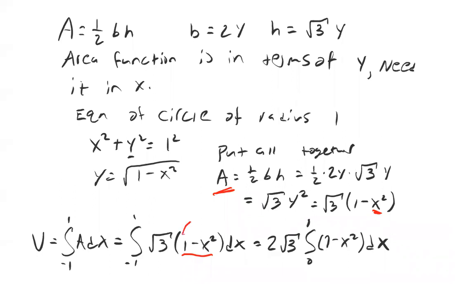Here is an x to the 0, here is an x squared. Because all my powers are even powers of x, I have an even function. So I can use that symmetry, and I just get that factor of 2 out front, and it makes the integral a little easier. Okay, so let's finish this integral on the next page.